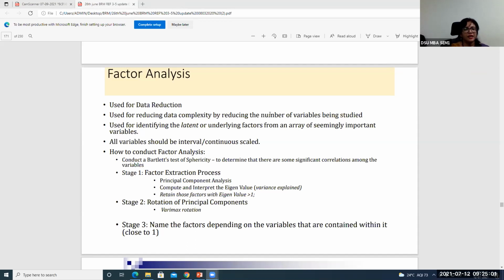using the analytical technique to reduce the data and reduce the complexity of data by reducing the number of variables to a set of variables which will most essentially communicate the important factors which affect some phenomenon. All right.